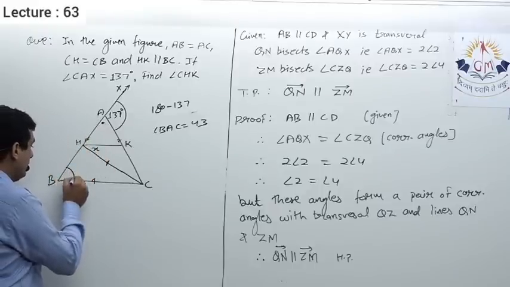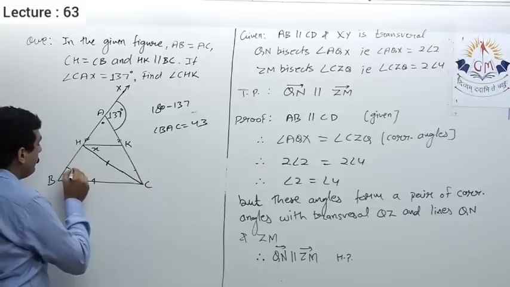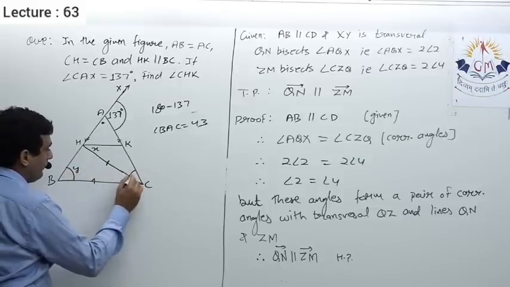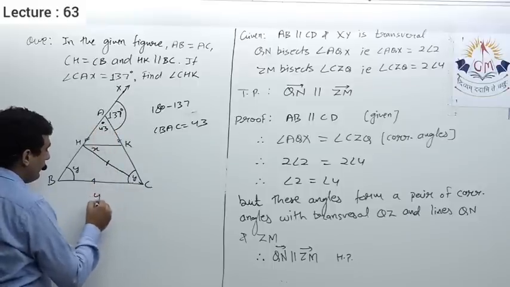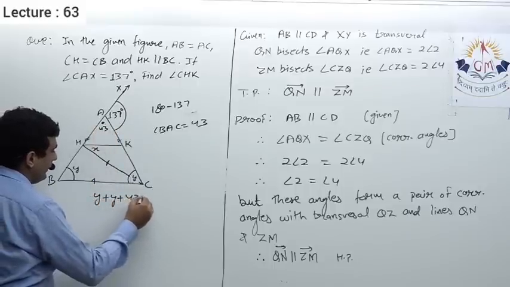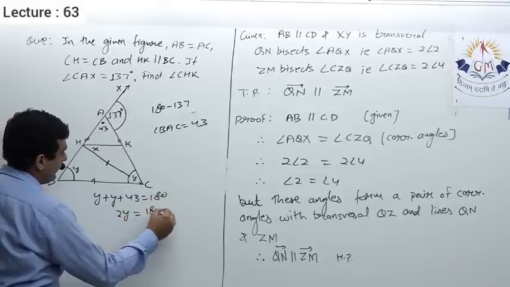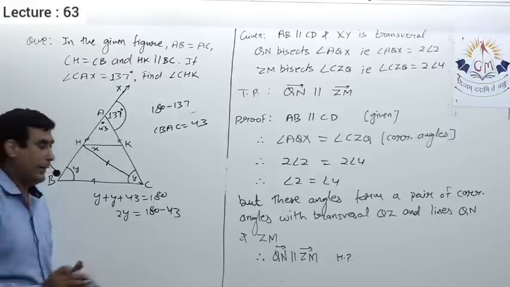That means this angle will be equal to this angle. I am assuming this angle for a while to be Y, so this is again Y. So Y plus Y plus 43 is equal to 180, so 2Y equals 180 minus 43. So ultimately we will get the measure of Y.